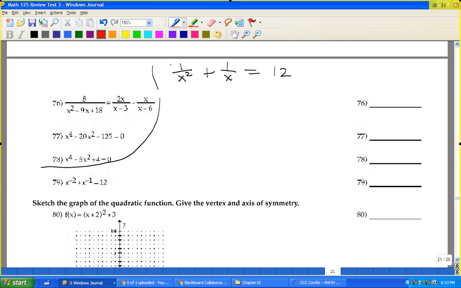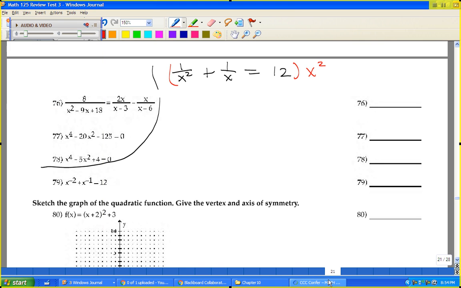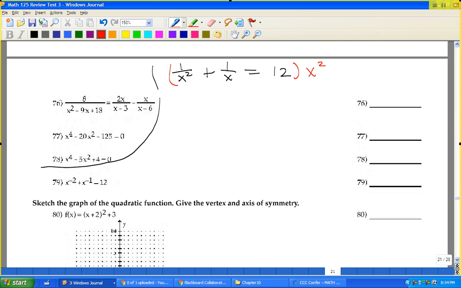So multiply by the least common denominator, which is x squared. So that's what I'm doing. I'm multiplying by the common denominator. Okay? And so x squared divided by x squared is 1. x squared divided by x is x. And 12 times x squared is 12x squared.